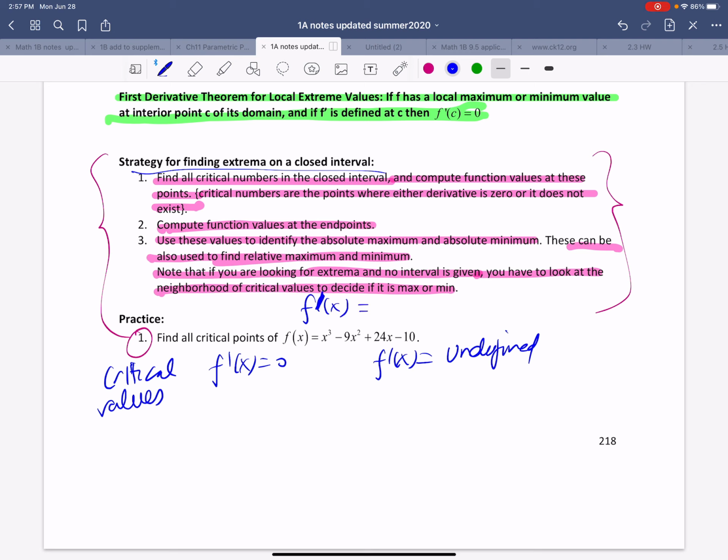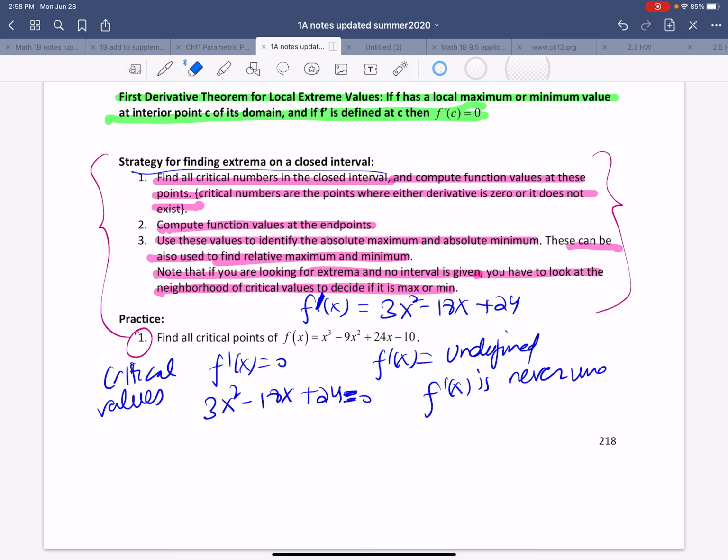F prime of x in this case is 3x squared minus 18x plus 24. So let's set 3x squared minus 18x plus 24 equal to 0. Because the derivative is a smooth continuous polynomial, the derivative is never undefined. We don't have to worry about f prime of x being undefined, but this can equal 0.